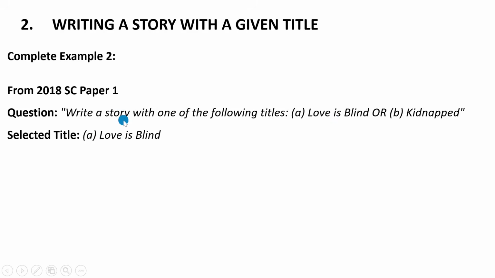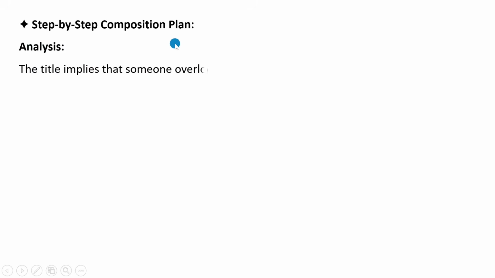When you are asked to write a story with an already given title, it means that your story must match the given title. So we have chosen Love is blind. Whatever we write in the story should demonstrate how blind love is. Okay, so let's go step by step, composition plan.